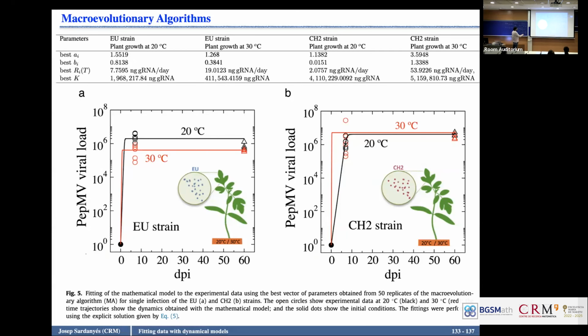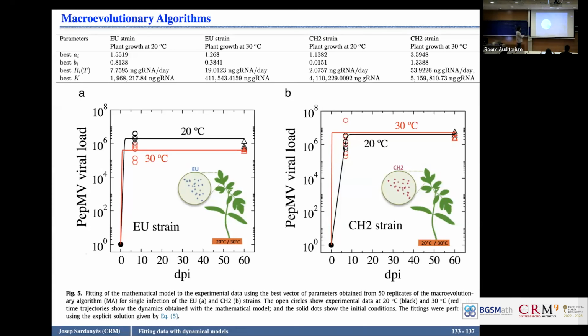And then we have these points at 7 days post-infection with some variation and at 60 days post-infection. The simulation is done with a time scale of hours. Here you can see that the temperature makes a difference, and this difference is not so large for the other strain. This work was done at the same time as the other one. In the other one, we did some statistics to see if these differences were significant or not.